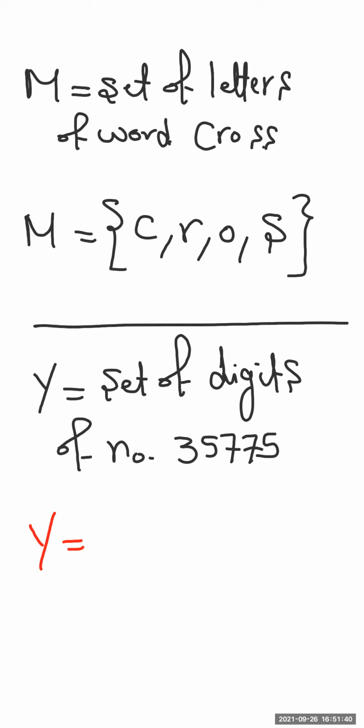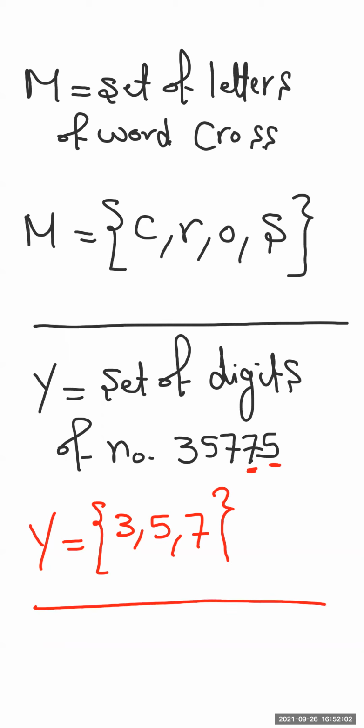Y will equal the set of the first element, which is 3, comma, 5, comma, 7. Then what about this 7? I will not write it again. Then what about this 5? Also, I will not write it again, because we said never repeat elements. So 3, 5, and 7 only. That's it. Okay, guys, is the listing method clear to all of us right now?